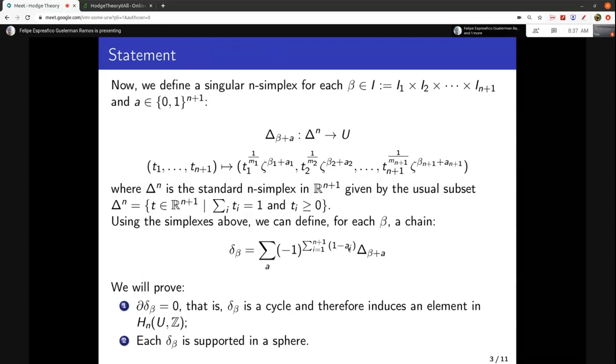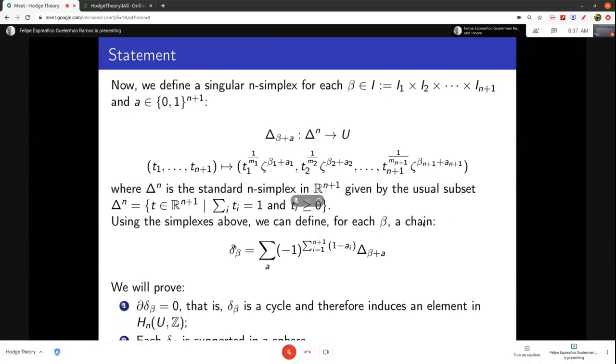Because for each entry, if A is 1, we don't sum anything, but if A is 0, we sum. So we are just counting the number of zeros. And this will determine the sign of delta beta in our chain, right?